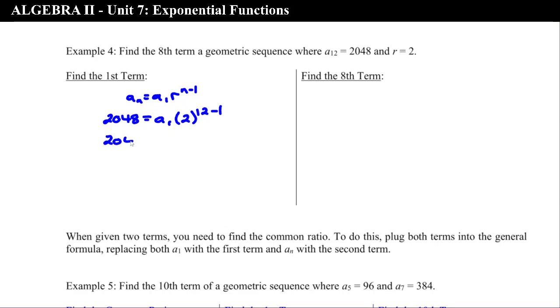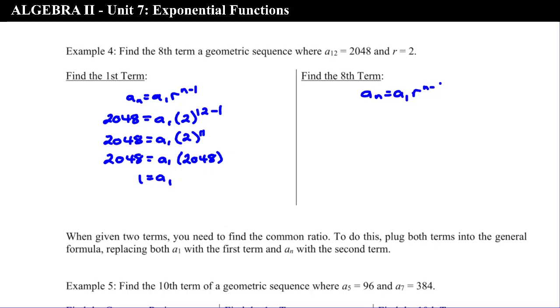So 2048 equals a sub 1 times 2 to the 11th. 2 to the 11th is 2048, and 2048 divided by itself gives you 1. So our first term happens to be 1. Now we turn back to the same formula, and we are going to put in here a sub 8, which is the term we're looking for.